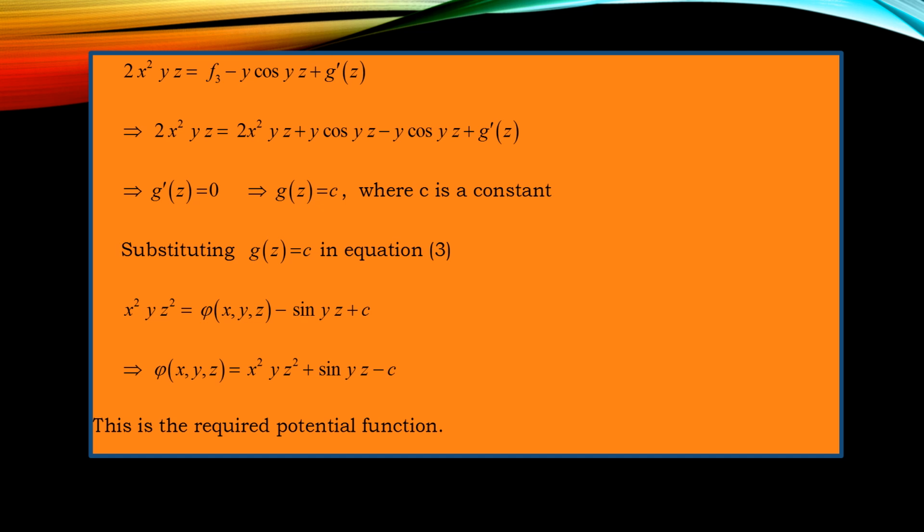From this equation, we find phi of x, y, z equals x²yz² plus sin yz minus c. Of course, we can take plus c as a constant also. This is the required potential function for the given vector field F. We are done.